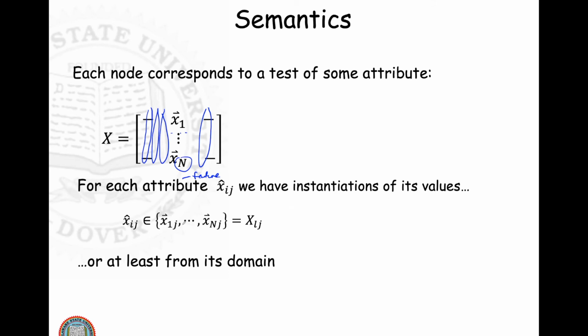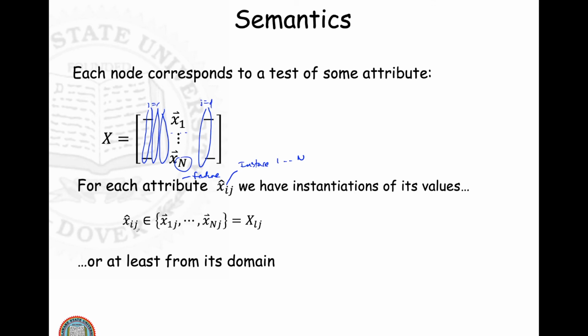And so here we have a single column, where i represents the instance, going from the first instance to the nth instance, and j represents the feature, so j equals 1 up through j equals d for d-dimensional features.